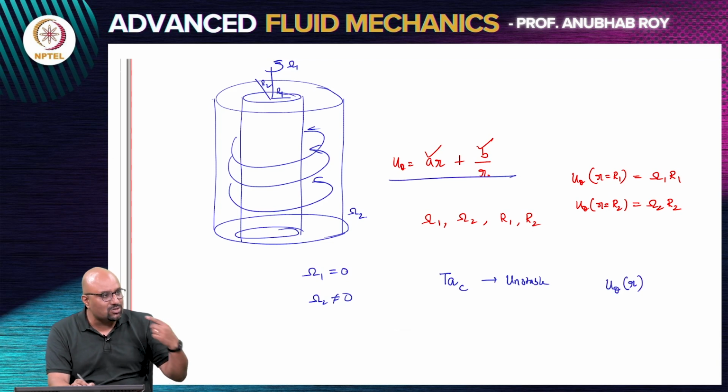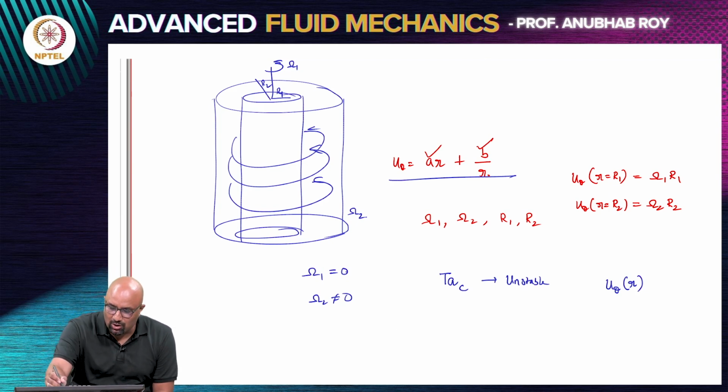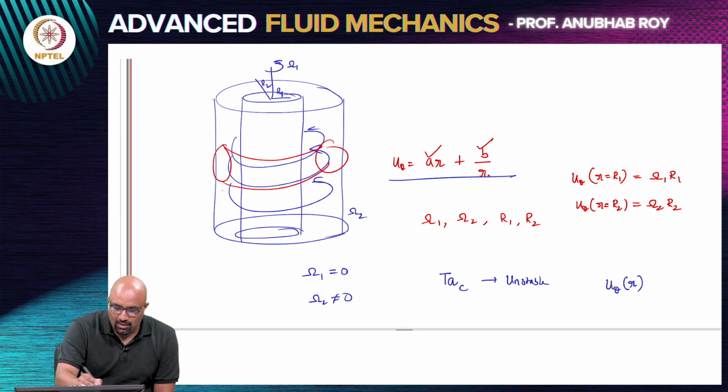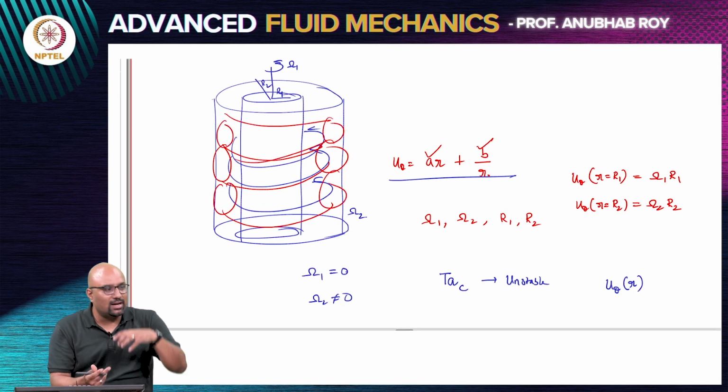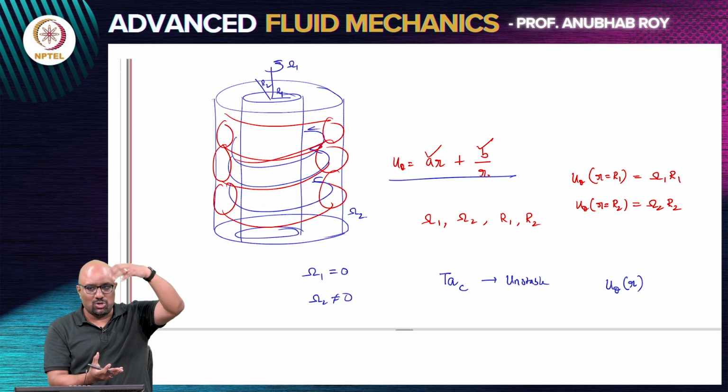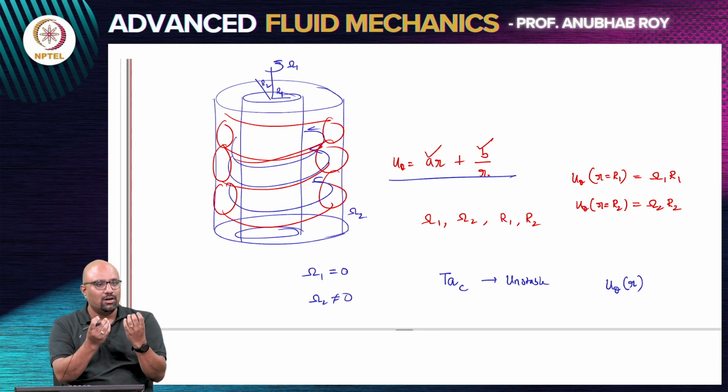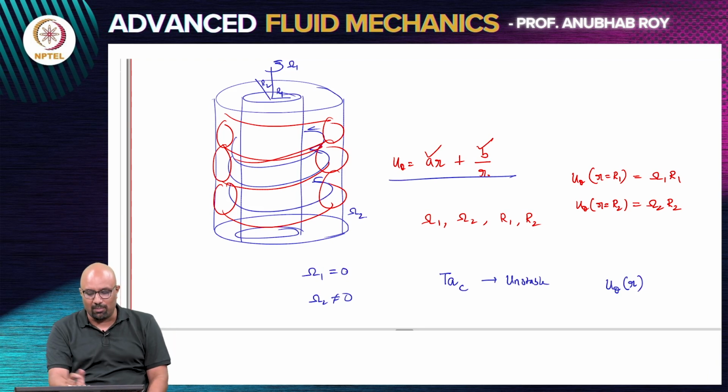So again the assumption of steady, axisymmetry, fully developed, all those assumptions are going to break down, and what you will end up observing will be toroidal cells that are stacked upon each other. You can imagine like a stack that you have created. So you have a pole and you have basically put a lot of donuts or vadas on top of each other. So you have these toroidal cells which will start forming beyond a critical Taylor number, and you keep increasing the spin and it will become more and more disorderly.